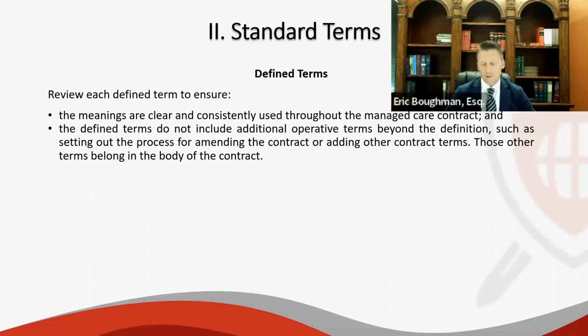Look for terms like medically necessary, and then make a determination if that definition fits within the usual and reasonable definition of what's medically necessary. If there's an overly restrictive definition, you want to make a change to that definition. You don't want the insurer creating their own definition of what's medically necessary. You want to make sure that a term like that fits within the generally accepted practice.